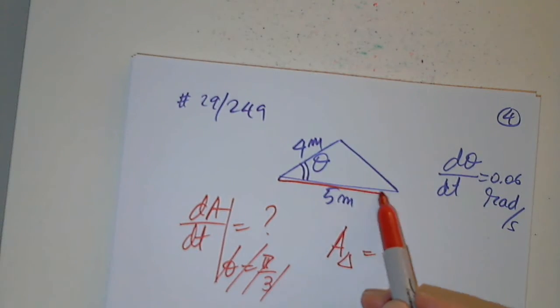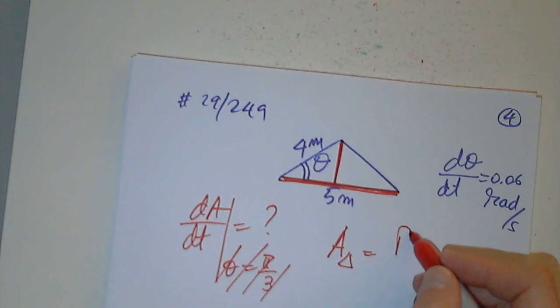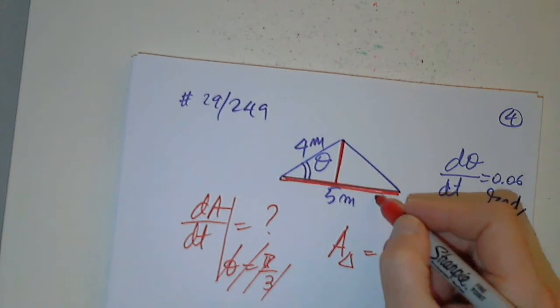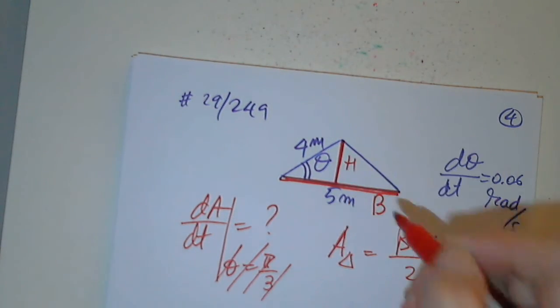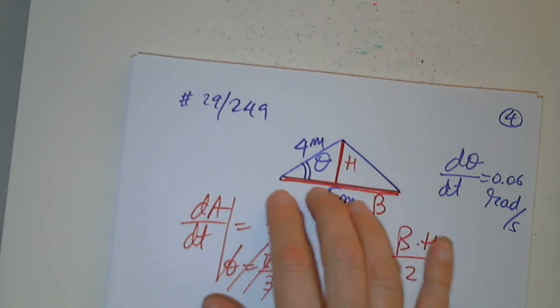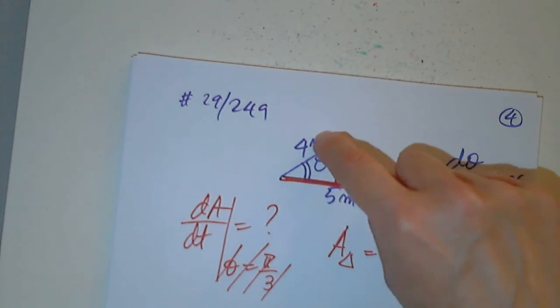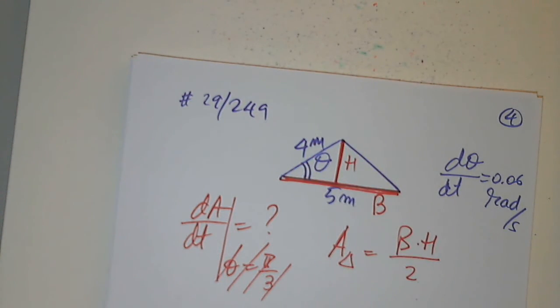Okay. Well, we know how to find the area of a triangle. We know it will be base times height divided by 2. If I consider this the base, then I need the corresponding height. As we know, if this is the base, this must be the height, and so on and so forth. The corresponding height to the base, perpendicular to the base.